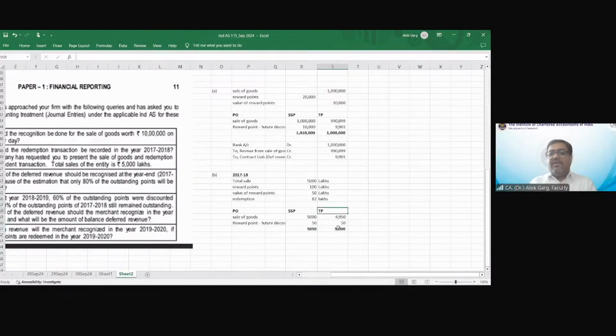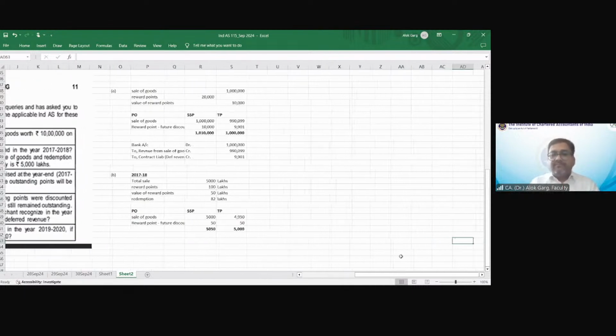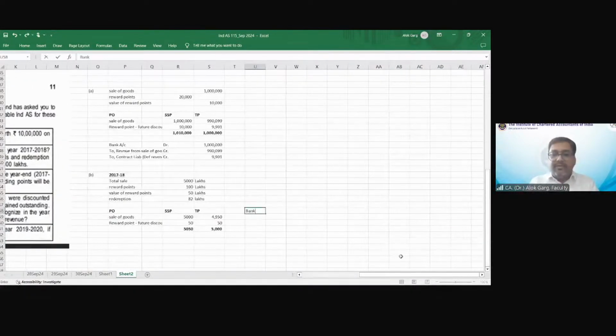So what is my revenue recognition, what is my sale transaction? Again, bank account debit. Let me use this entry: bank account will be debited by 5,000 lakhs, to revenue 4,950, to contract liability 50 lakhs.